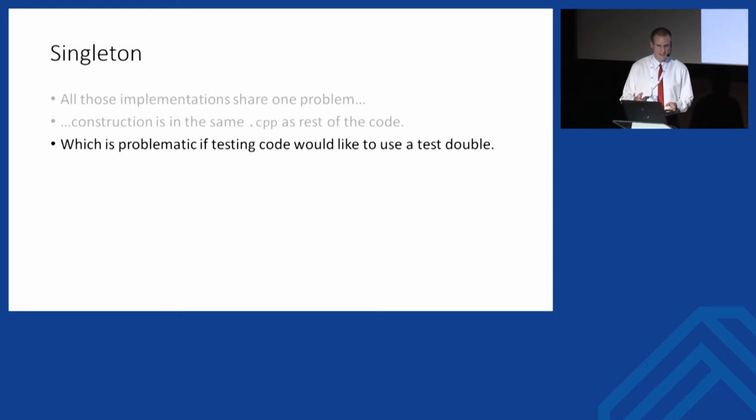So if we keep the instance construction in the same source file as the rest of the Singleton code, it burns our hands when it comes to unit tests or any other form of tests, because the test cannot easily supply a different instance since the one is already created in the source file.